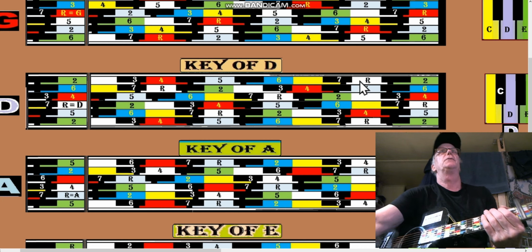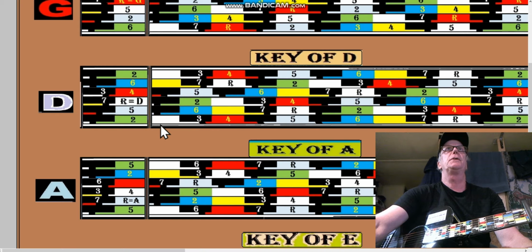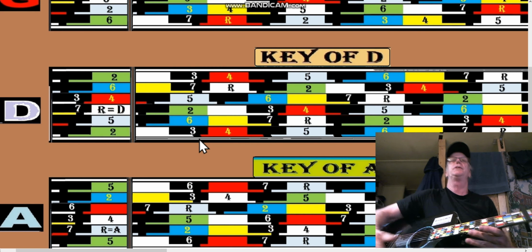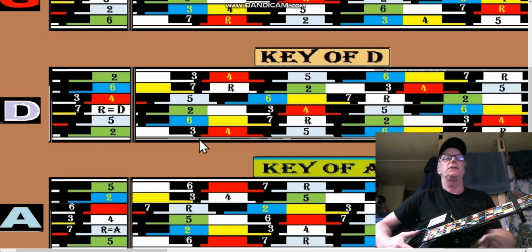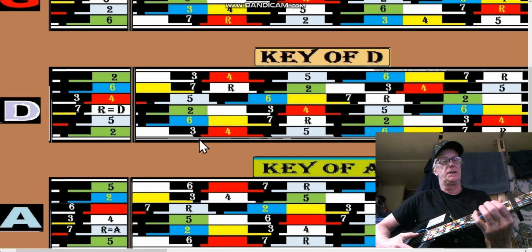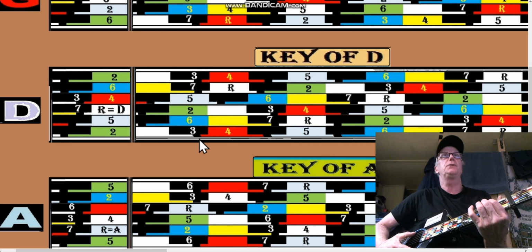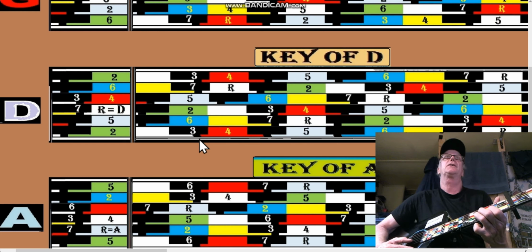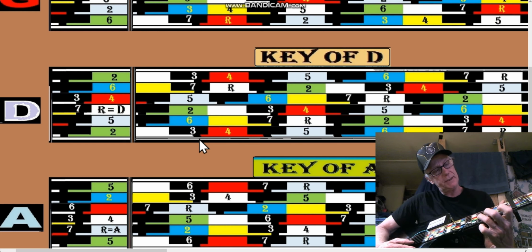So we start down here. We're going to do the substitution down here. We want to do a pentatonic scale using the long patterns, and this is the first time I've done it. Alright, so it's 2, 3, 5, 6, root 2, 3, and then 5, 6, and then we're going to do that C shape from there.